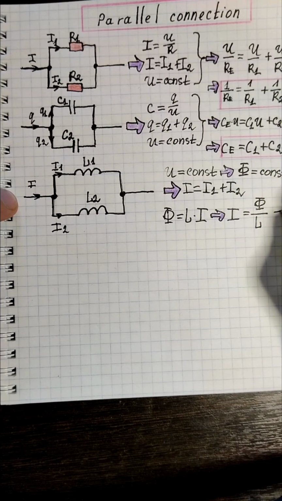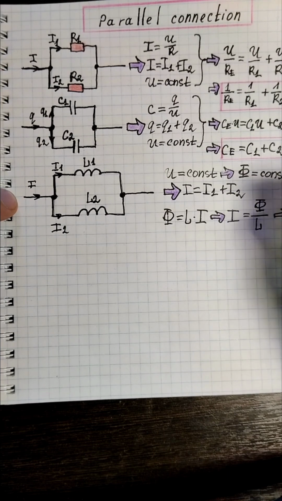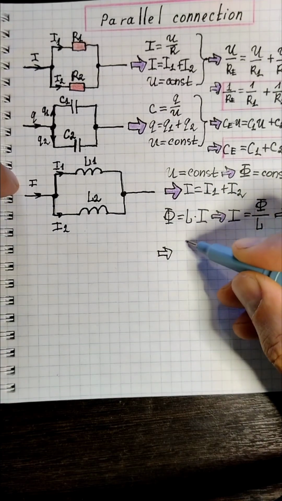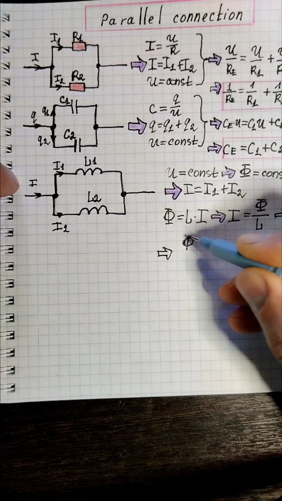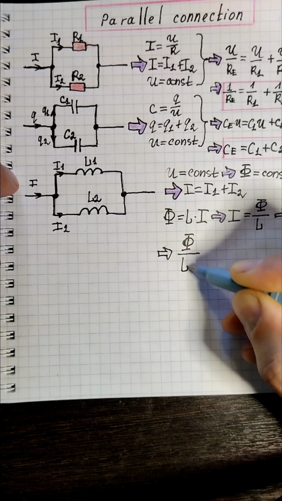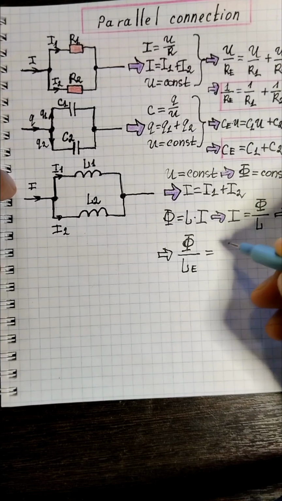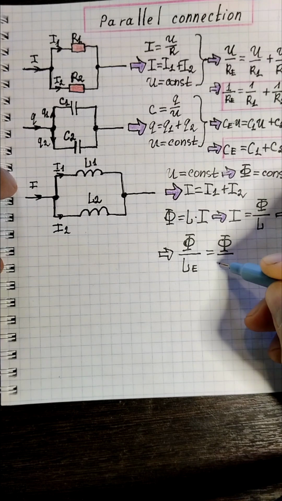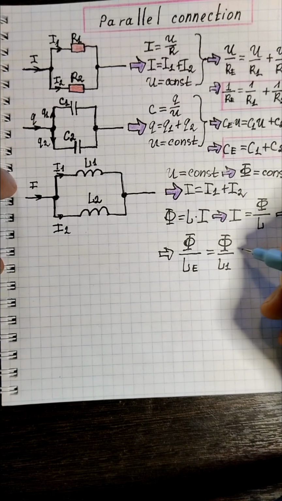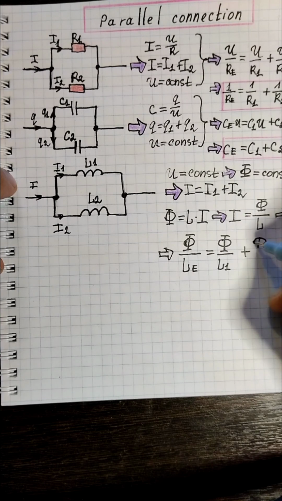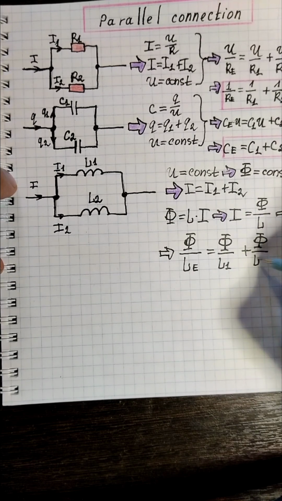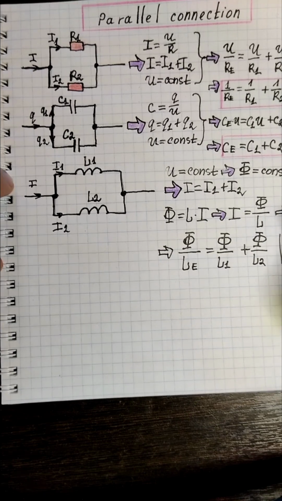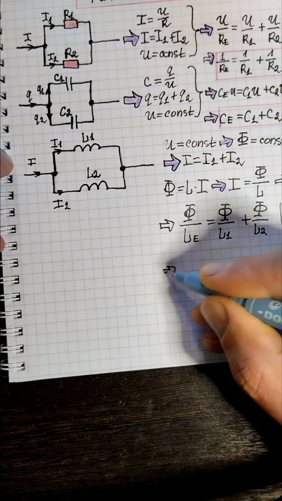And I'll write this. V per L1. To divide, and I get the familiar formula.